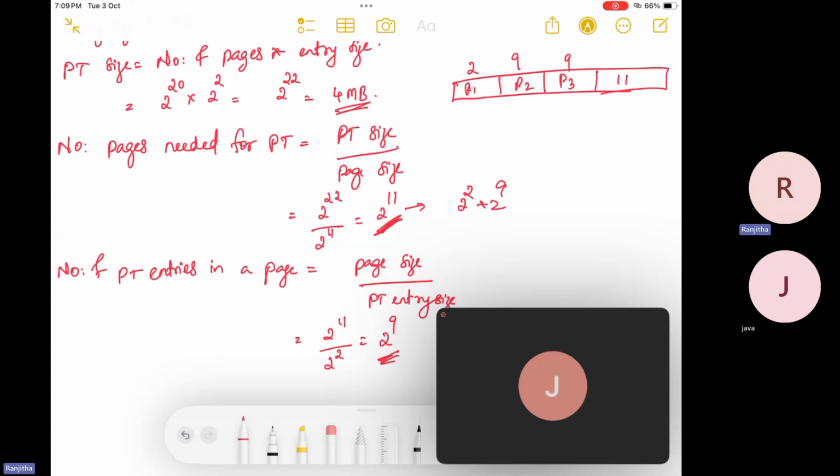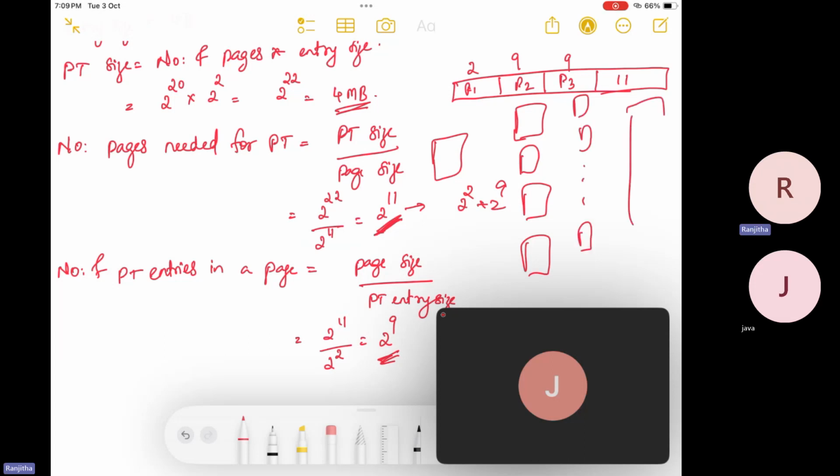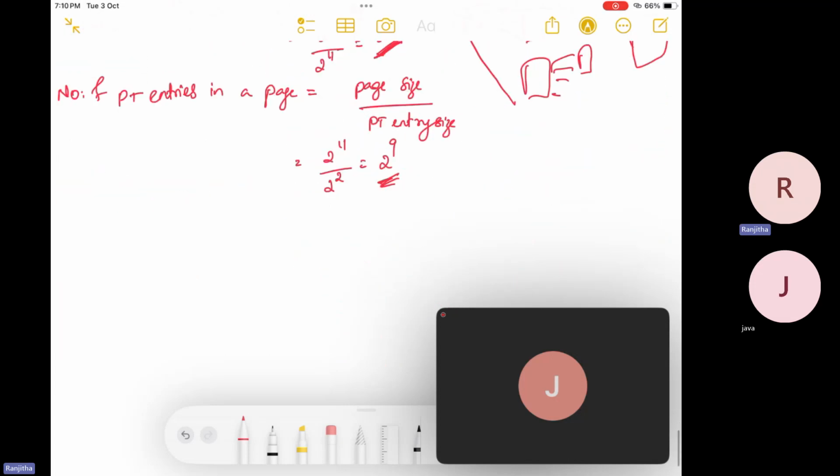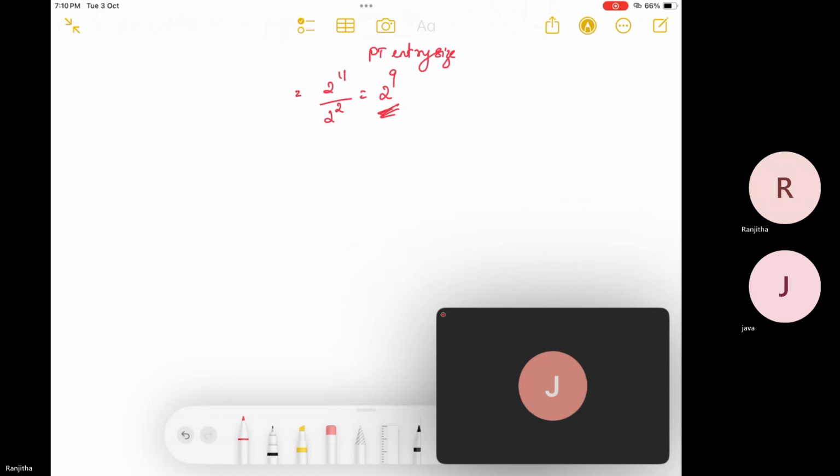So at level 1 we have P1, then P2, then this can go to this many, so it will be a lot. Then we will have the final paging. So this is how multi-level paging works. Any doubts?